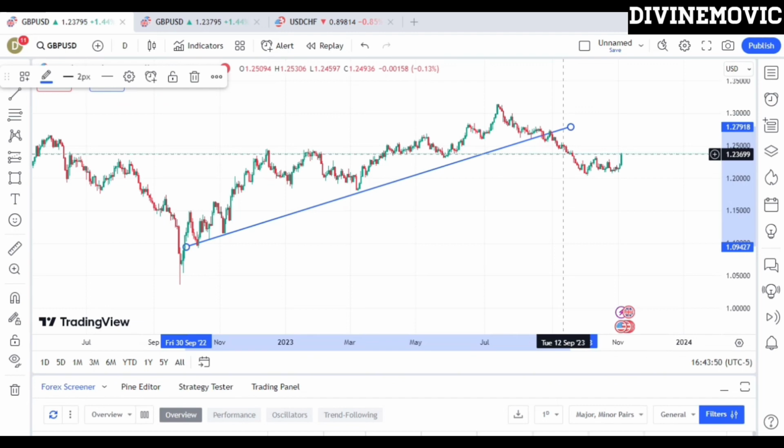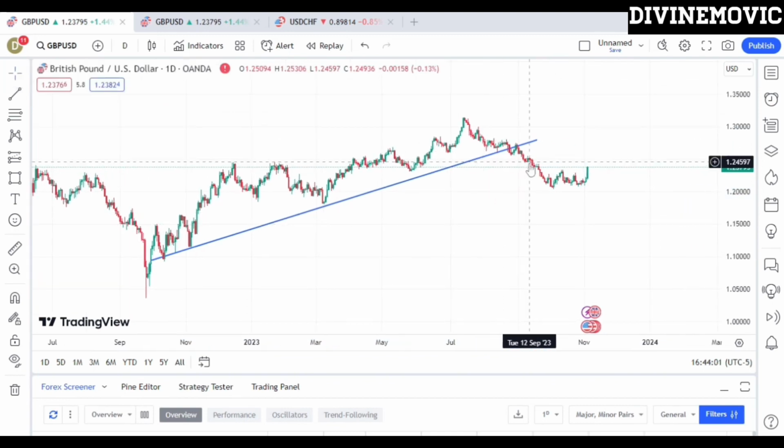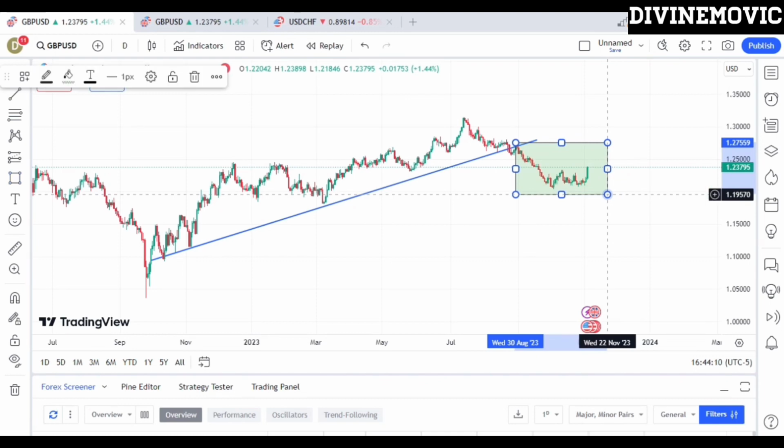But what I want to pay attention to is the uptrend which we are seeing. Now, what we're interested in is what is happening at this price action here.